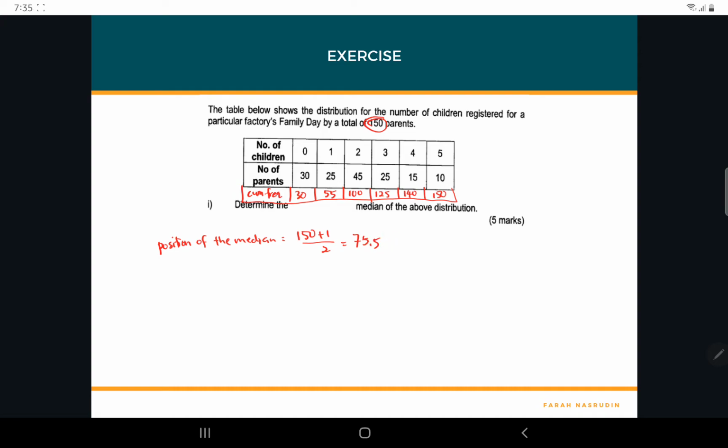So where's the 75.5 data, yang ke 75.5, so dia dekat sini lah. Okay, so our median is 2. Okay, next slide.